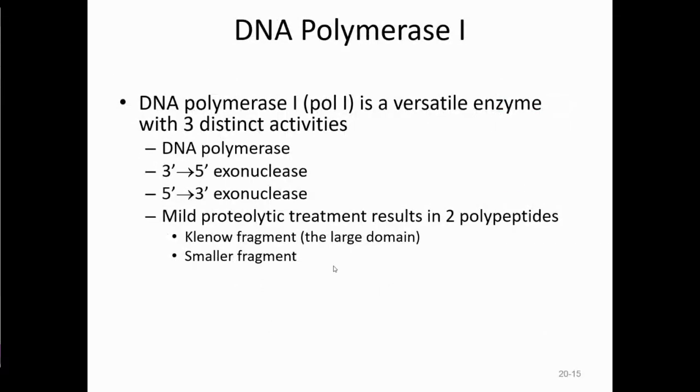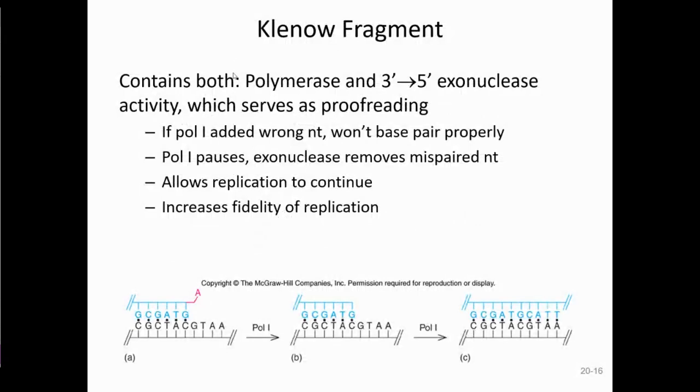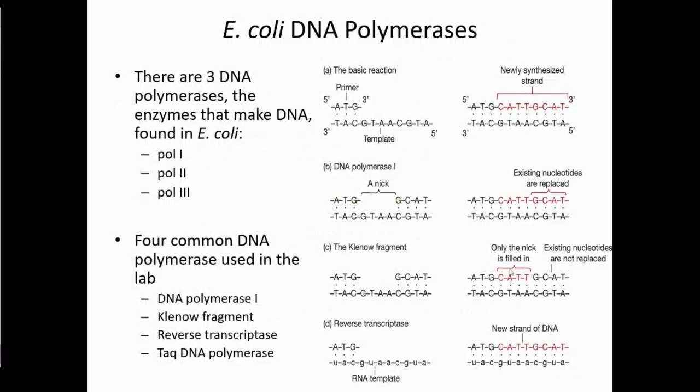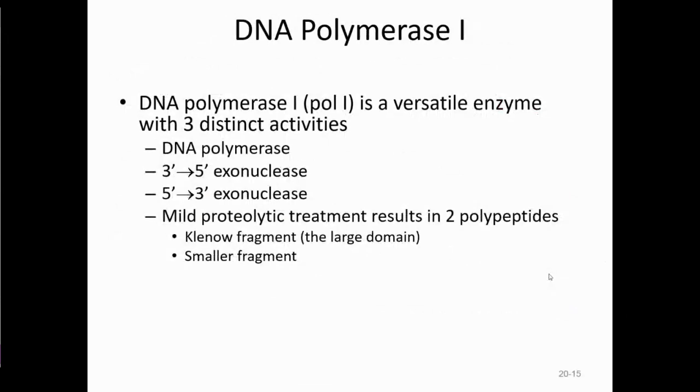Okay, so here's the detailed description of POL1, with polymerase and exonuclease activity. When you digest POL1, you get two different polypeptides. One part is called Klenow. Klenow does not have the 5' to 3' activity, so you cannot replace the existing nucleotide.